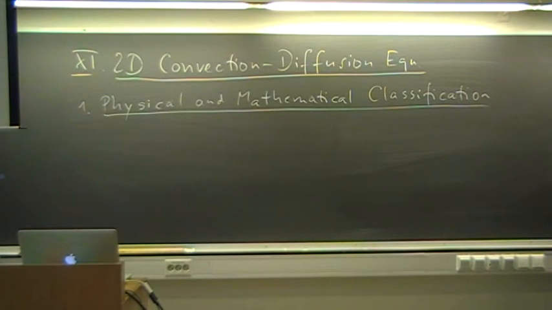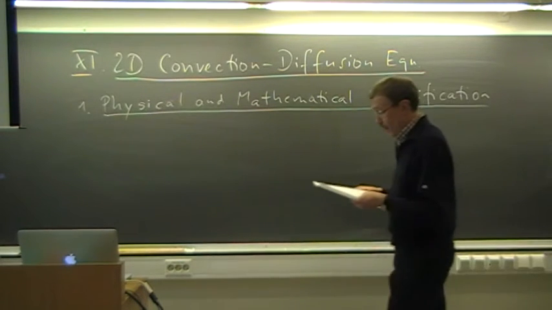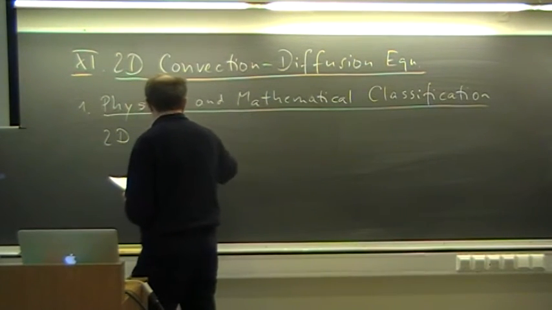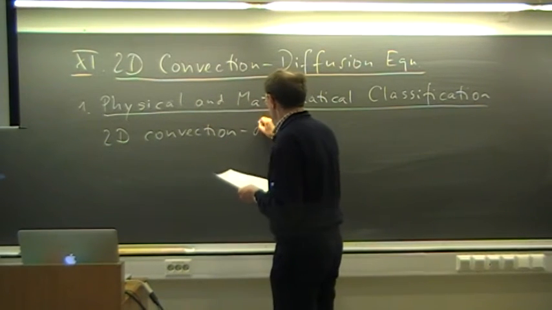So if both convection and diffusion of a physical property in 2 dimensions are considered, we obtain the 2D convection-diffusion equation. So far we have only considered these effects separately.